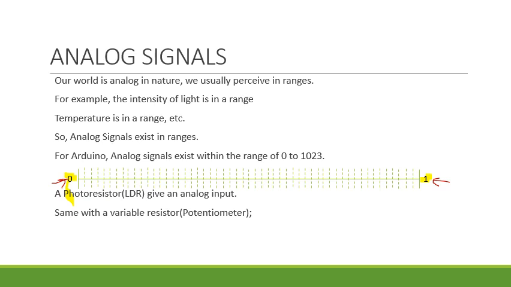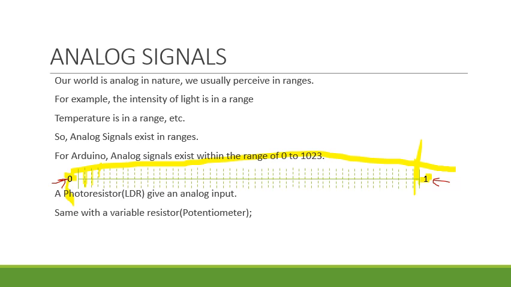It's just like dividing this 0 to 1 into small ranges. So you can get 0, you can get 1, 2, 3, 4, 5, up to 1023.